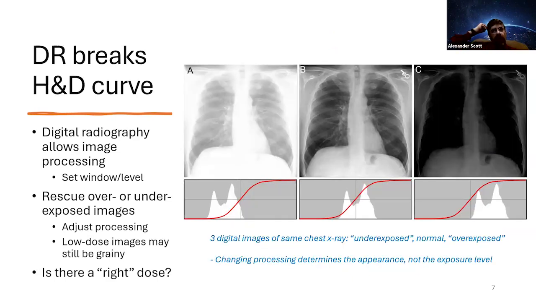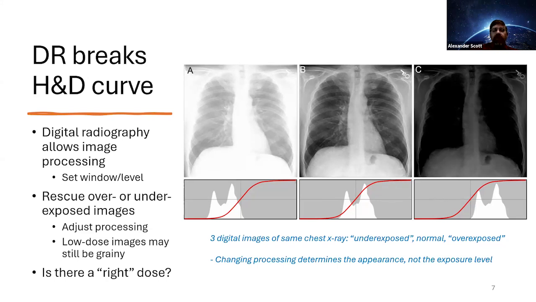And those H&D curves still have application today to digital imaging. And if you have ever fiddled around, which I guess is a big part of my job, is just fiddling, is to look at the distribution of pixels, as we can see in my pictures A, B, and C. And the big change from film to digital radiography is that you can do digital manipulation of the image.